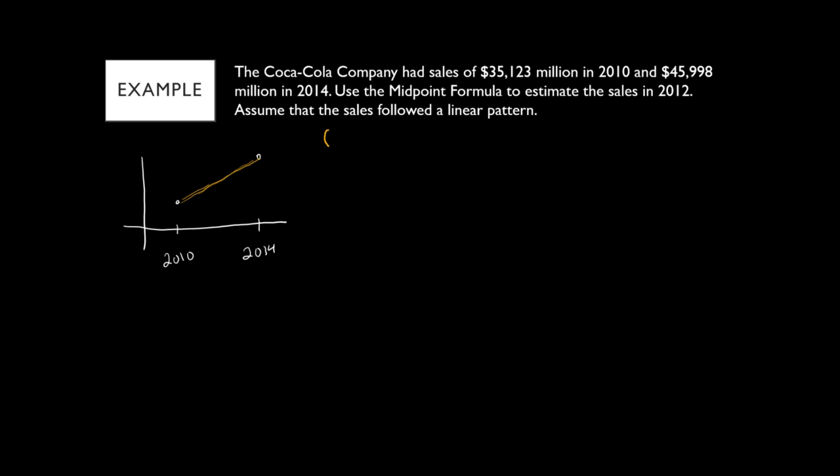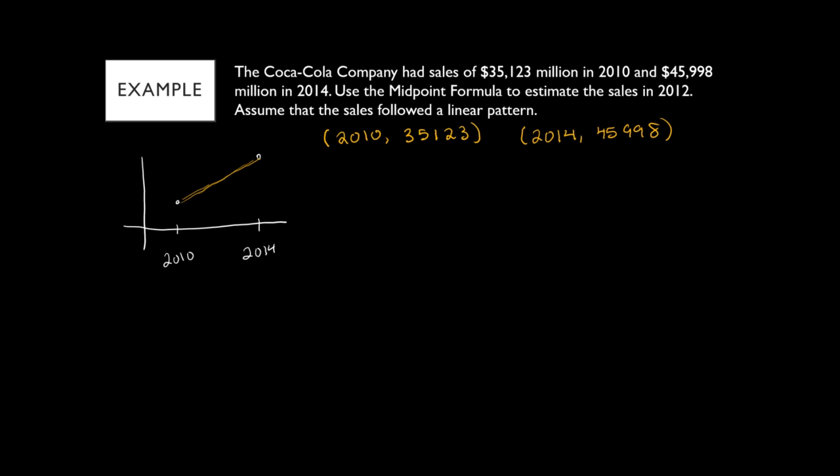So we can write ordered pairs, and we've got 2010, and then I can ignore the units for now and just write the number. I don't have to convert it to the full number. I can just use the number they give us and understand that these are measured in millions. And then the second point we have is 2014, and that is 45,998.